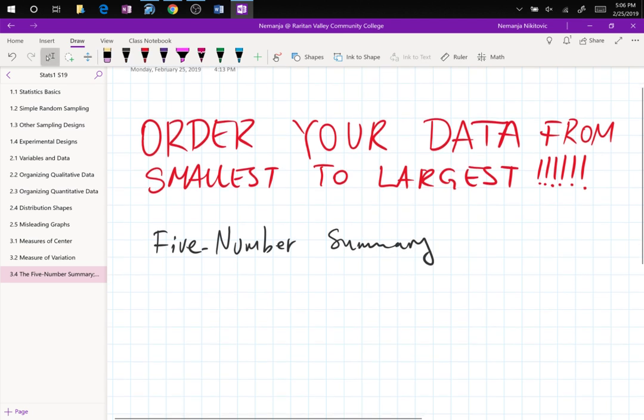The 5-number summary consists of, you guessed it, 5 numbers: the minimum, Q1, Q2, Q3, and the max. Q2 is also known as the median.